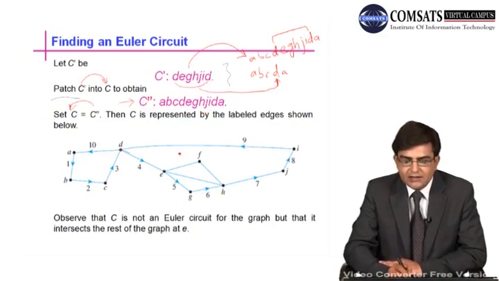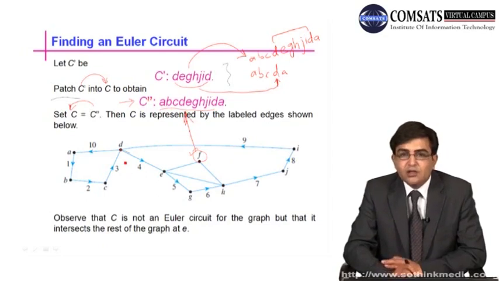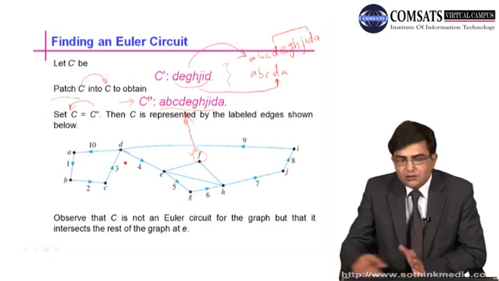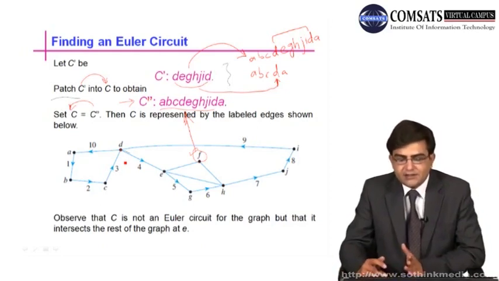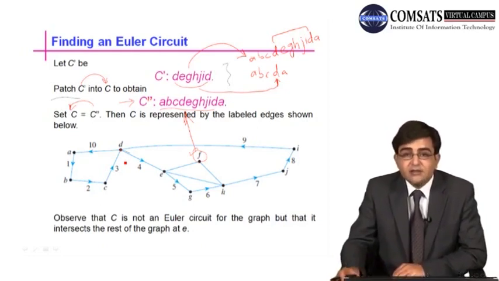No, because there is a vertex F which is left, which is not in this circuit. We can see immediately F is not present in this circuit, so we are still not finished. Now we repeat all the steps in step 3.